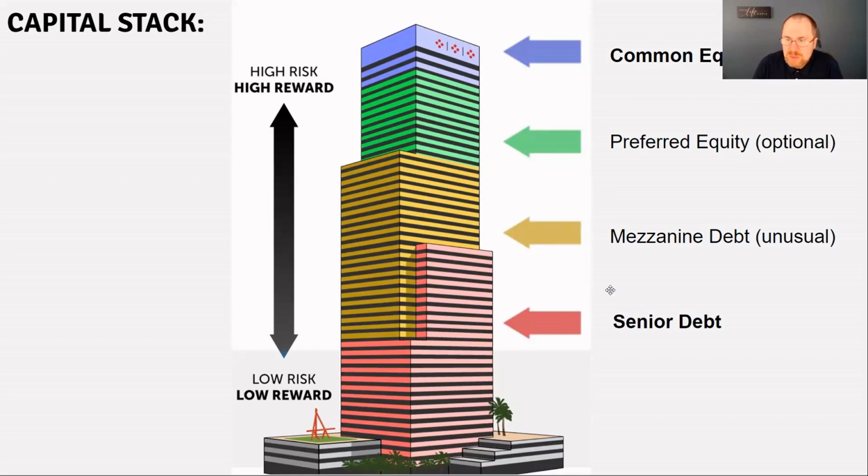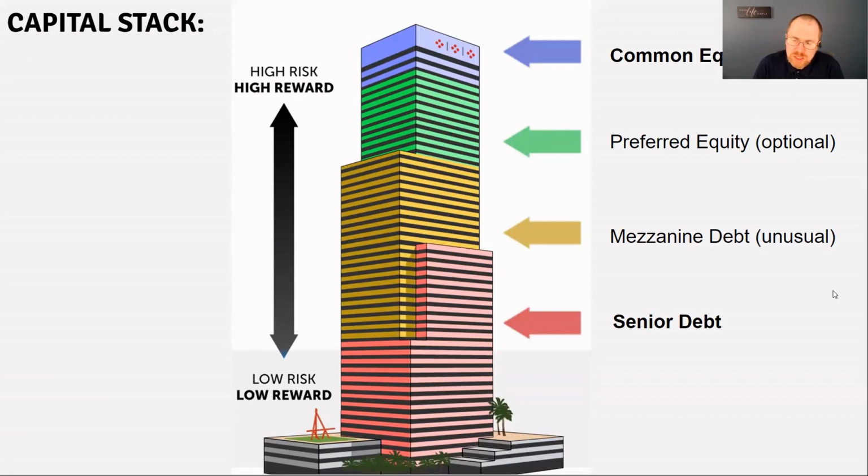And typically you would have equity, or sometimes called common equity, on one side, and the senior debt. Depending on the deal and several factors, you may have preferred equity, and we're going to discuss that a little more on the next slide.